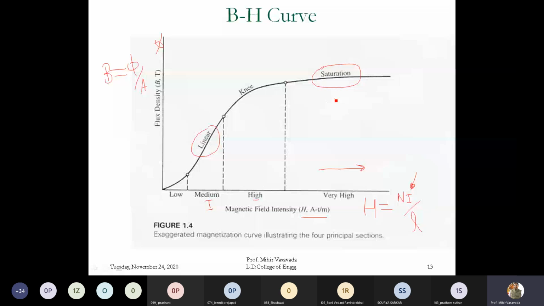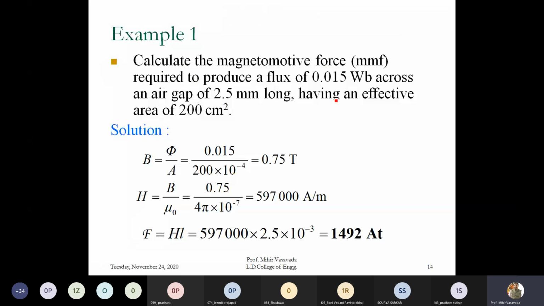Now this is a very simple example. You should be able to solve this type of example. You should copy down the data. Find the MMF which is required to produce a flux of 15 milliweber or 0.015 Weber across an air gap of 2.5 mm long.